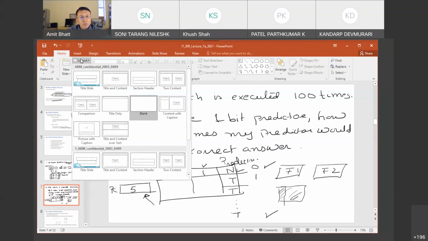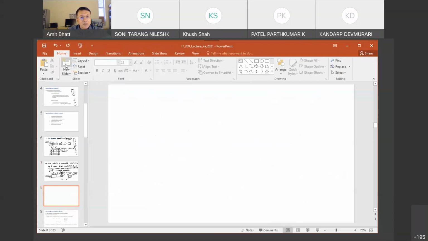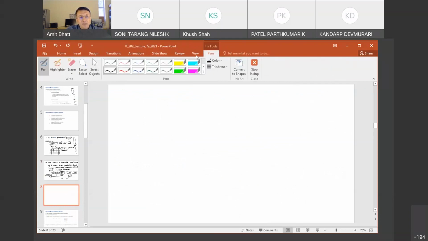If you want to do this problem methodically, then it would work something like this. So this is your first loop, second loop.